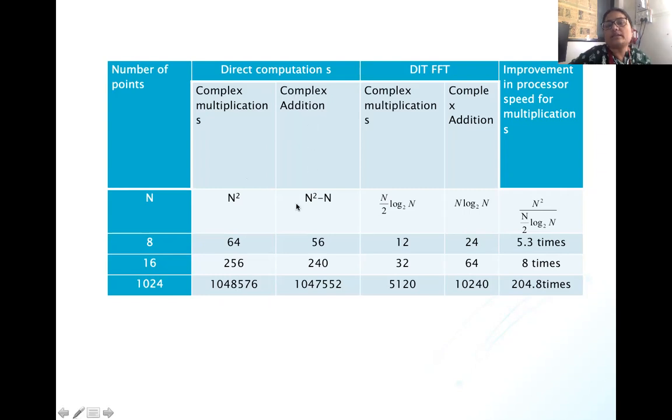Now complex additions, n into n minus 1. So we have just multiplied n inside, so it has become n square minus n. So for 8-point DFT, the number of multiplications will be 56. Number of additions will be 56. For 16-point DFT, the number of additions is going to increase and it is 240.